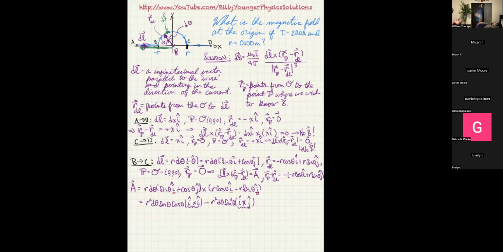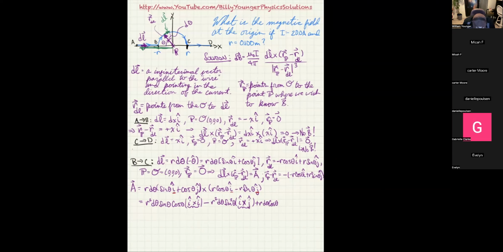Now I'm going to do the J on the left and start crossing it with the things on the right. So I'll say plus again. This time I've got R d theta cosine theta. This is a lot of mess. Trust me, there would be a lot easier work to do, and you'd see all this and skip it all. I'm just trying to show you all the gory details so you know once and for all that it does work.